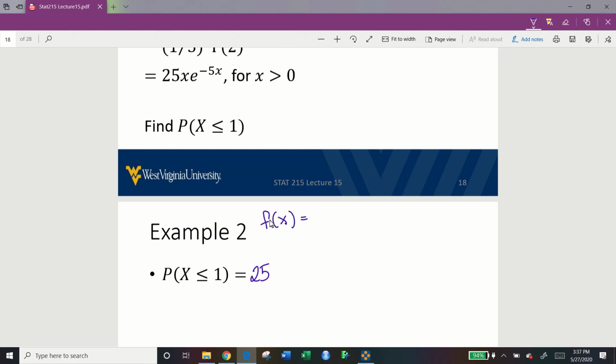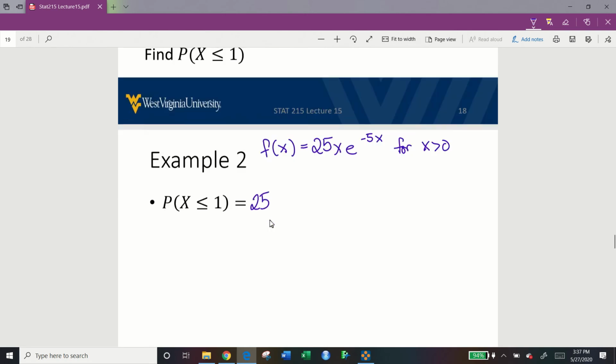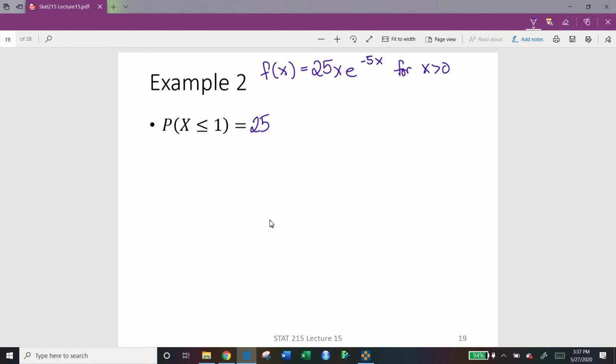I'm going to write f of x equals 25x e to the negative 5x, and we know this is for x greater than 0. We are going to be integrating from 0 to 1, x e to the negative 5x dx.